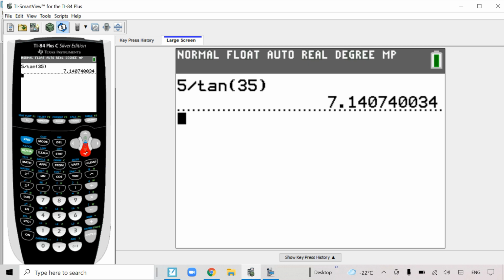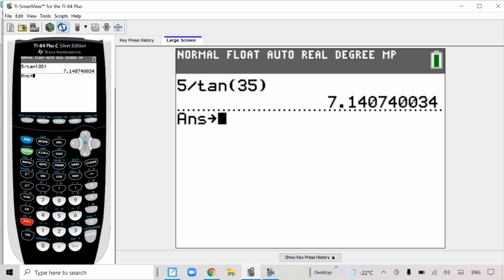On the far left-hand side, second row from the bottom, right above the on key, see how I have a store key? I'm going to store that answer into any letter I want. I'm going to choose A, because A for adjacent. If you look on your calculator, all the green little things there are letters. I see that A is at the very top above my math button.